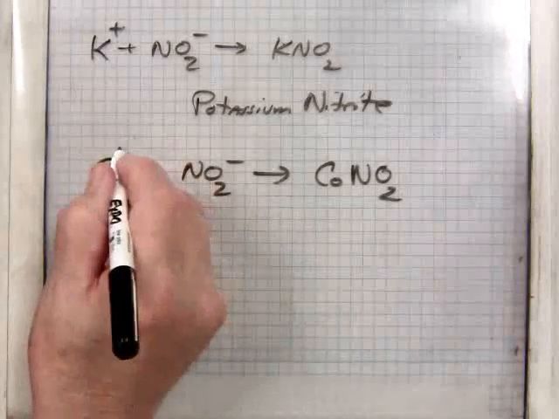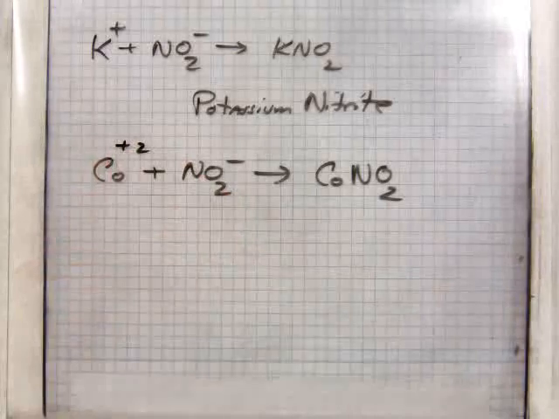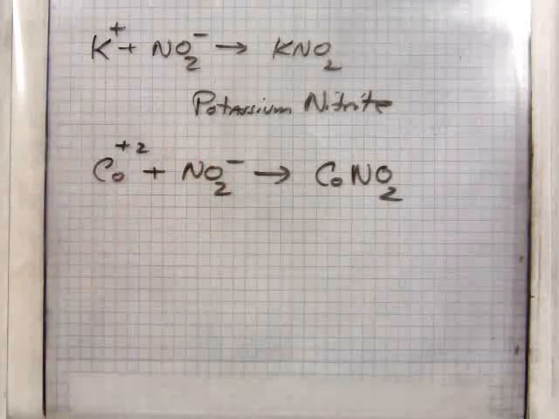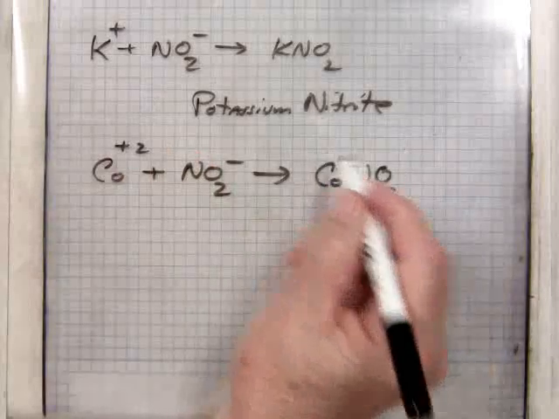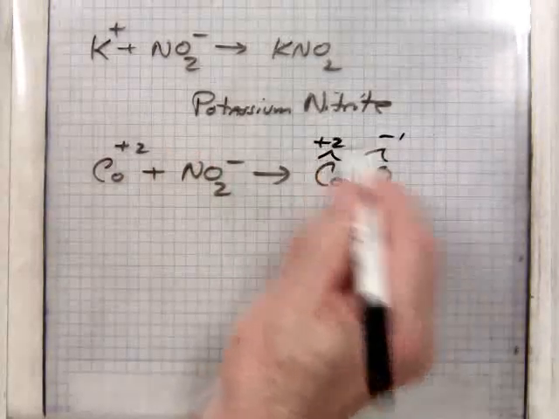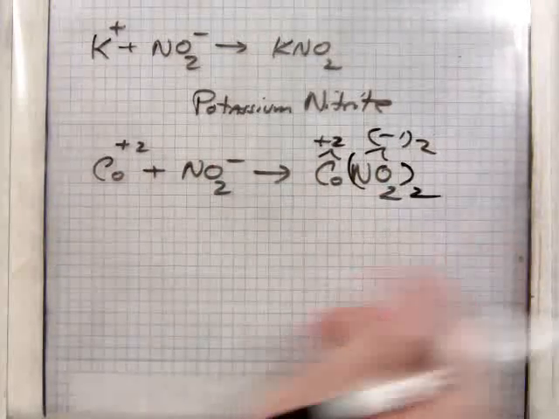Cobalt comes in +2s, +3s, I think +6s, but let's say you have to have that +2 in there, so you have a -1 and a +2, so you have to have 2 of those, and so it'd be like that.